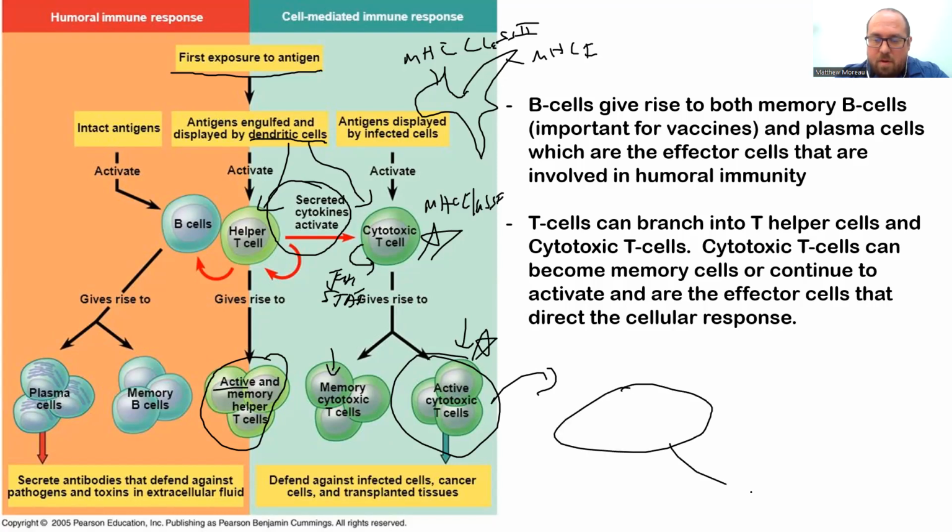They'll leave the lymph node through the efferent lymph. So we came in through the afferent, we're leaving through the efferent. And then also we can be leaving through some form of artery or venule system.